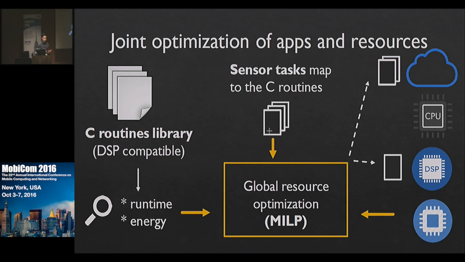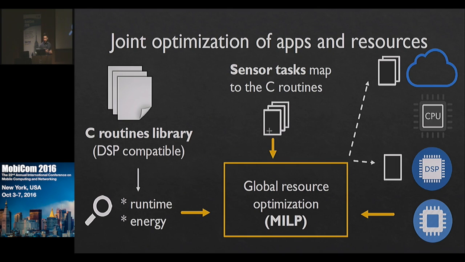So LEO does a joint optimization of applications and resources by solving a global resource optimization problem. It formulates a mixed integer linear programming task that takes as input 3 different sources. First is the sensor tasks, as I showed you previously, the sensor tasks that map to the library of C routines that we have developed.